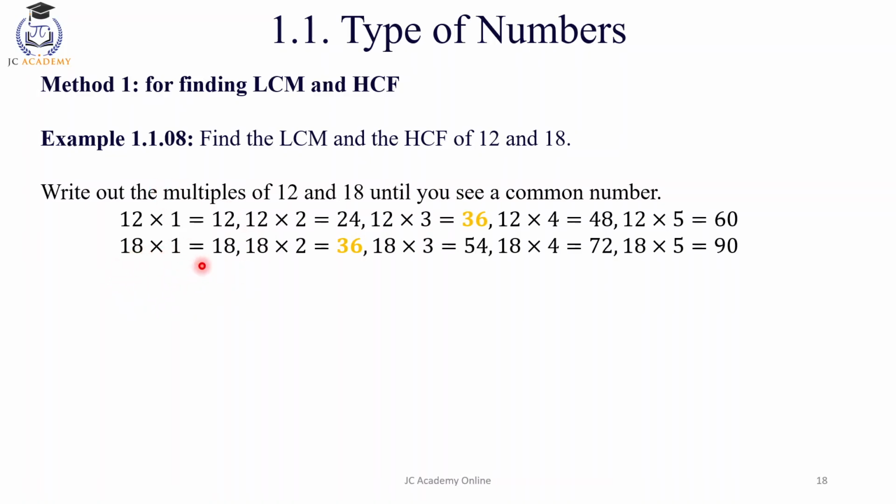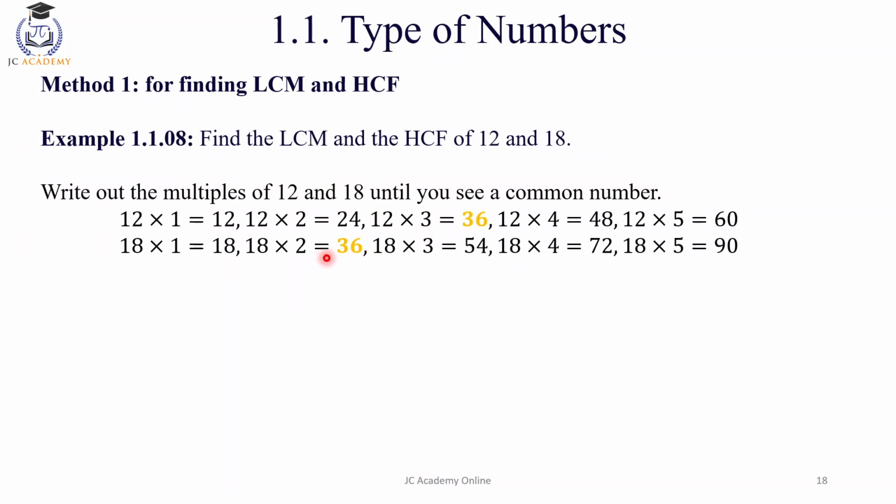Then we have 18 times 1 equals 18, 18 times 2 equals 36, 18 times 3 equals 54, 18 times 4 equals 72, and 18 times 5 is equal to 90. Now notice here, when we're looking at the solutions, there is a match. We have a common number, which is the number 36, appearing in both when we take the multiples.